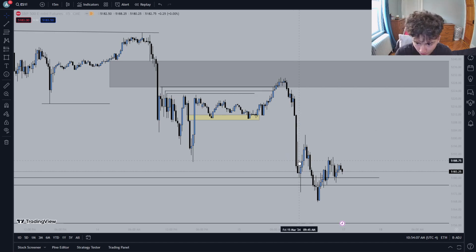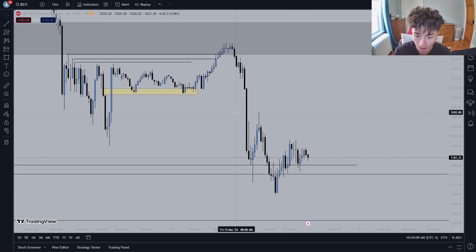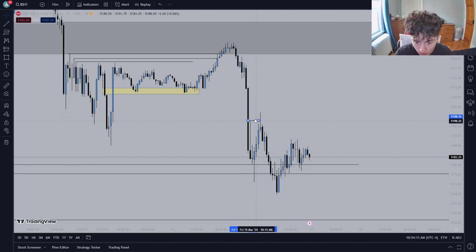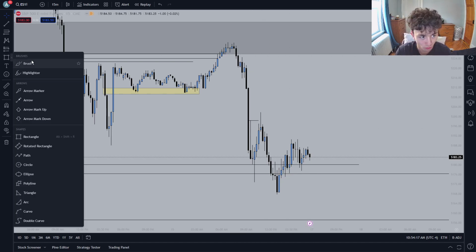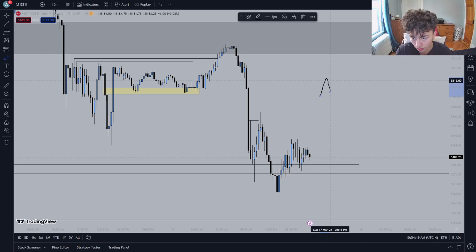This was pre-market, right? But I want to show you how I took my setup. Whenever you see a high like this, usually a high is formed with a lower candle on each side. It's pretty much common sense.